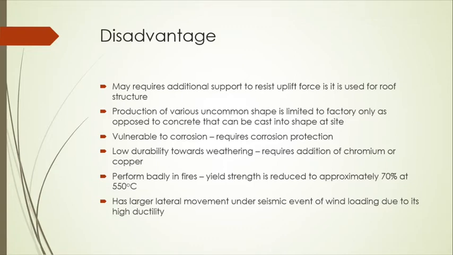So your design is limited by market availability. Any uncommon shape depends on the availability of the factory, or you need to have your own factory to produce that uncommon shape, which is costly.